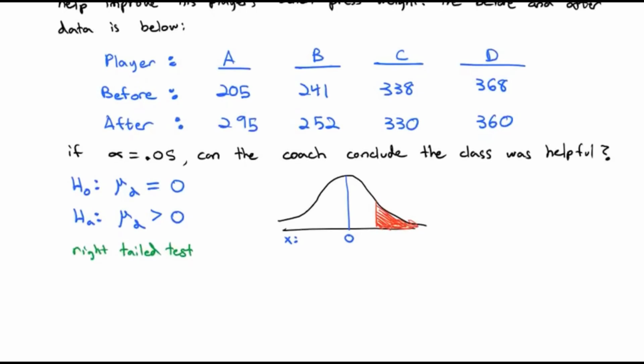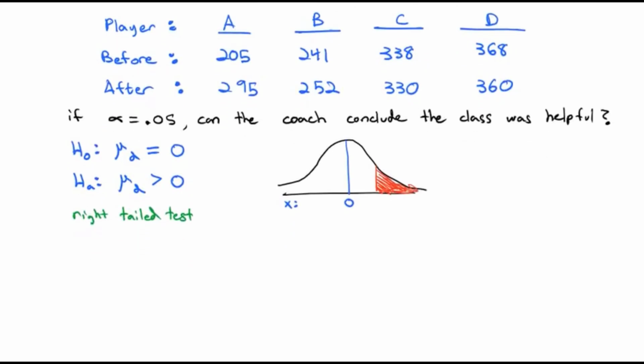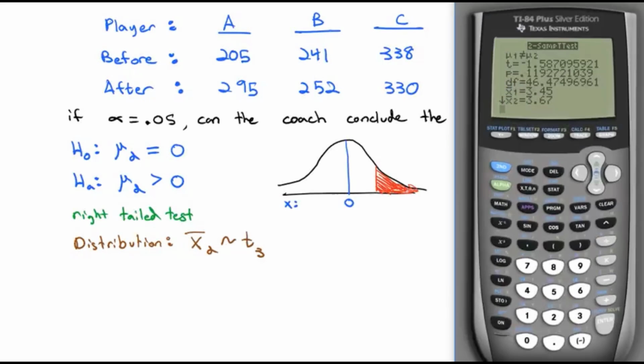Well, our distribution is that the average difference is a t-distribution, and the degrees of freedom is 1 less than the sample size. There are 4 players. 1 less than that is 3. So very small degrees of freedom. It's going to take quite a difference in order to say there's a difference. So from here, let's go to our calculator and see if it can help us find the differences.